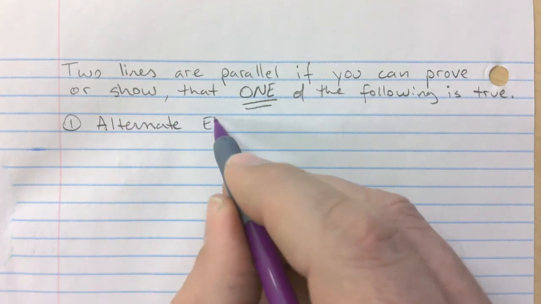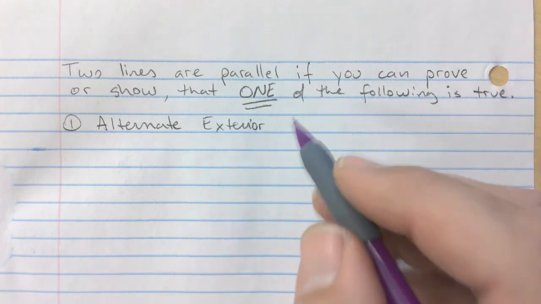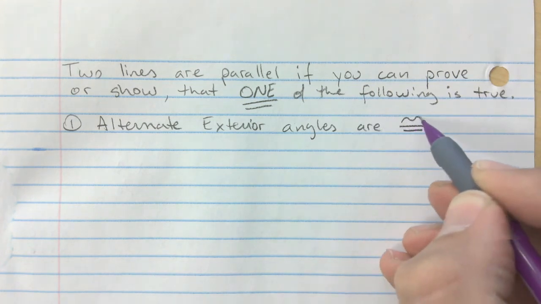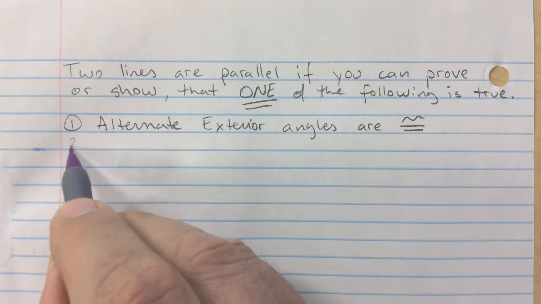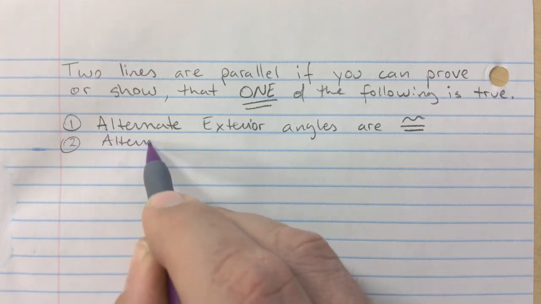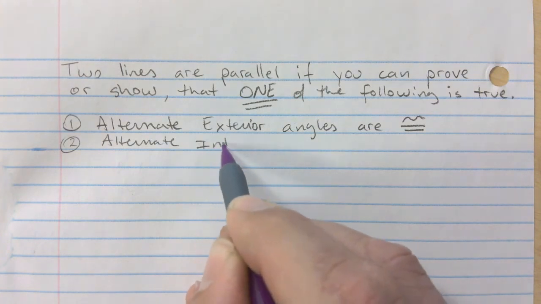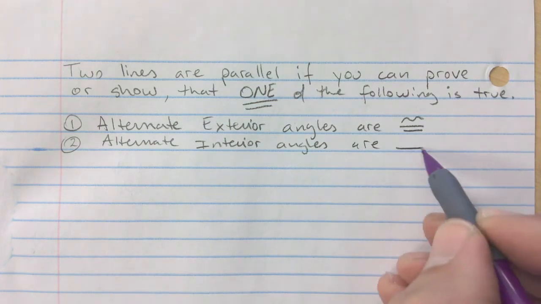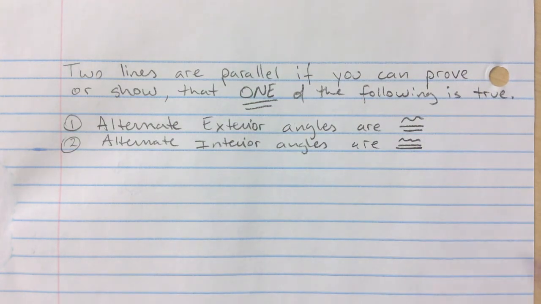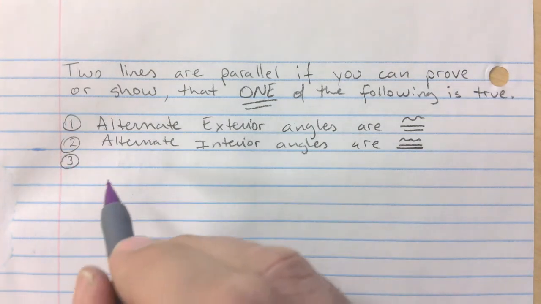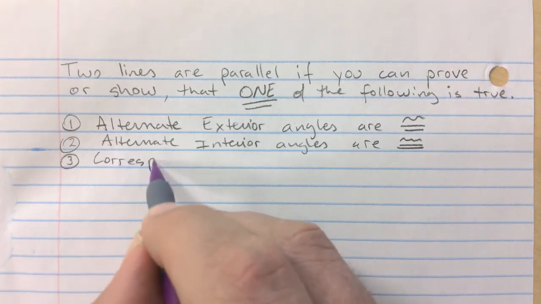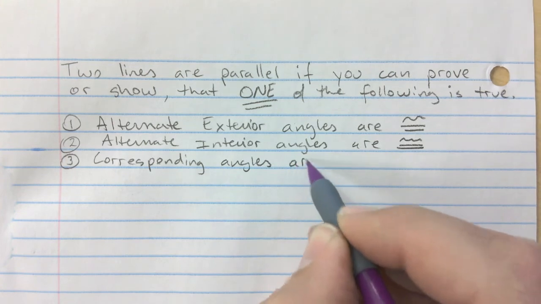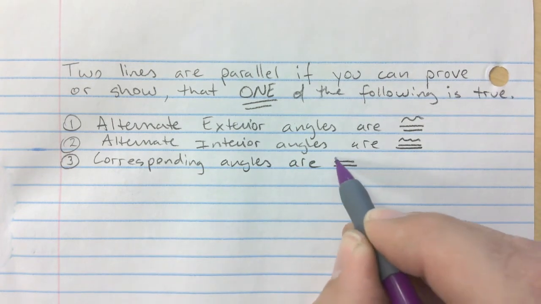Alternate exterior angles are congruent, or alternate interior angles are congruent, or corresponding angles are congruent.